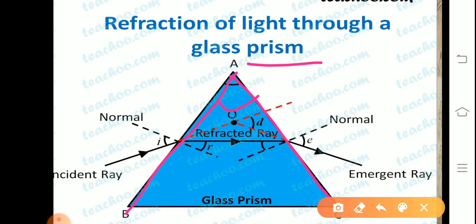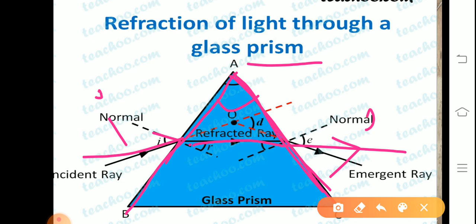When light is incident on one of the plane surfaces like AB, it passes through the prism and comes out through the other plane surface like AC, as shown in the figure. This is the incident ray and this is the emergent ray, because it is coming out from the prism.